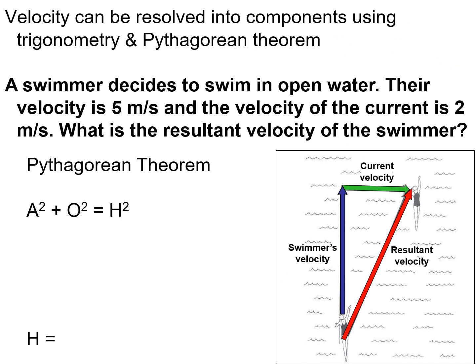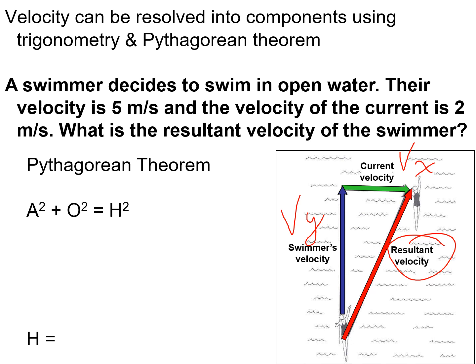Okay, so let's go back to some trig here and talk about our resultant velocity. Velocity can be resolved into vertical and horizontal components. This right here is our vertical velocity. This right here is our horizontal component of velocity, and we are trying to determine our resultant velocity.